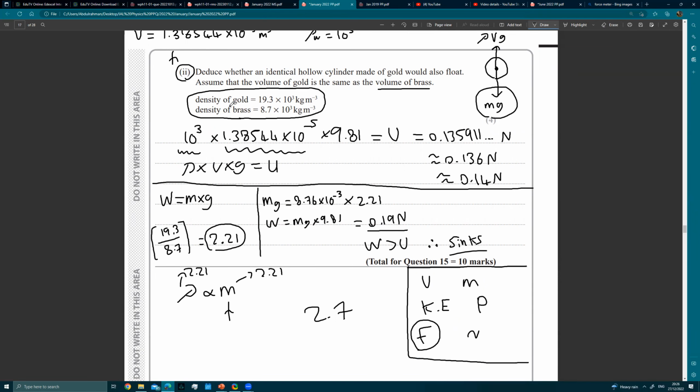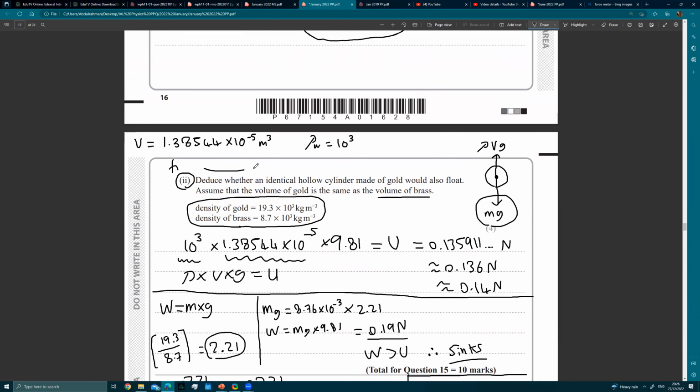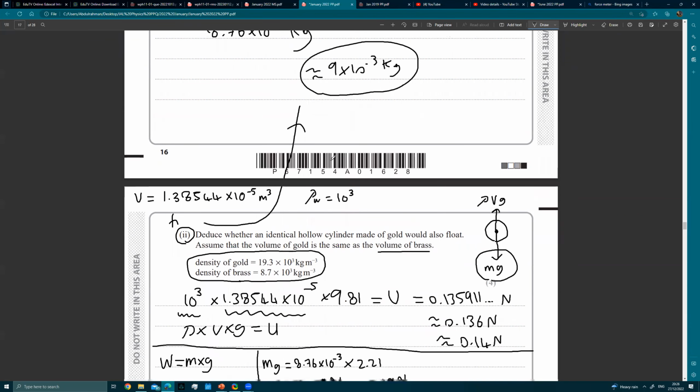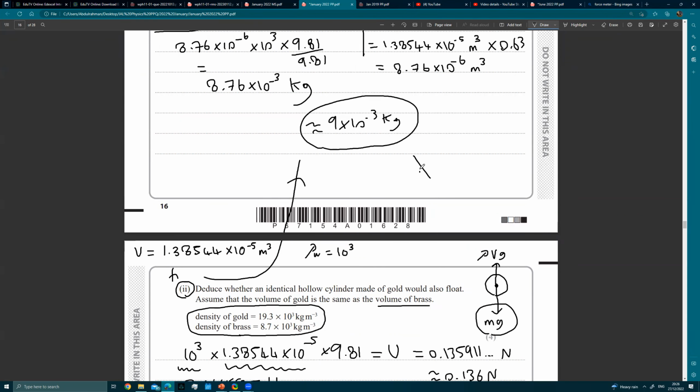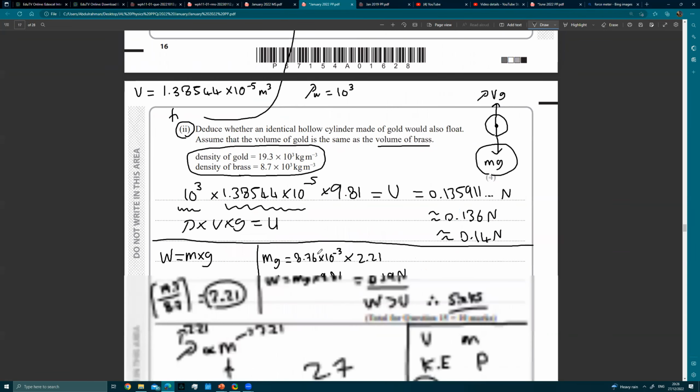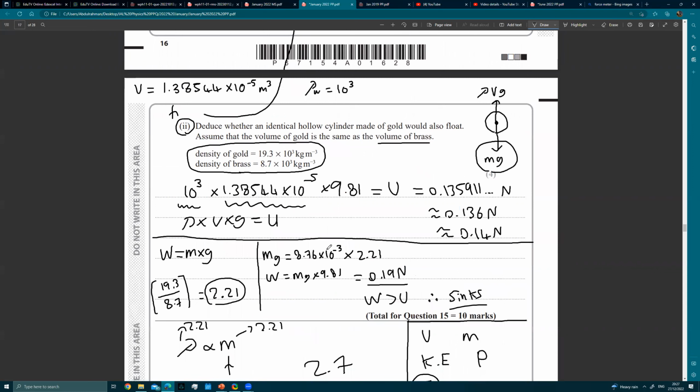You should also know that part II always uses the answer from part I. So this is another hint that I had to somehow use the mass of the previous question. So all these bits of information do come together with enough practice. So actually, straight away, you should have known that I'm going to somehow have to use this mass. And I know that the density changed, therefore the mass would have changed. Something like that, I don't know. It's not like a topic you teach. It's just, you know, relationships.